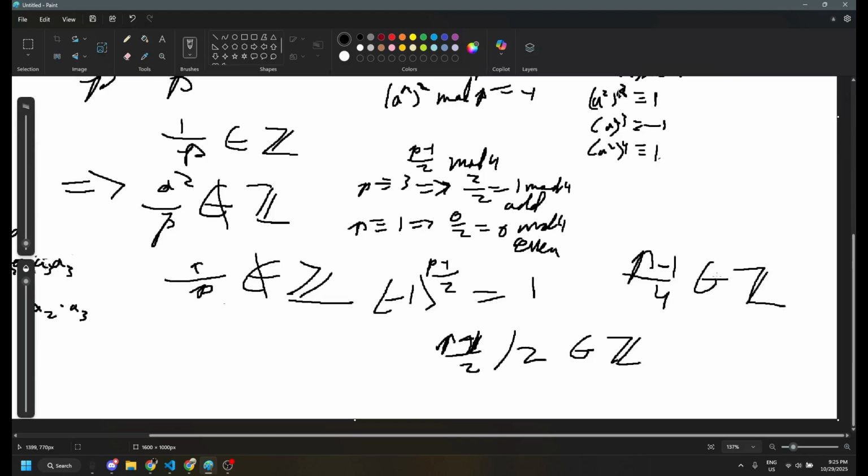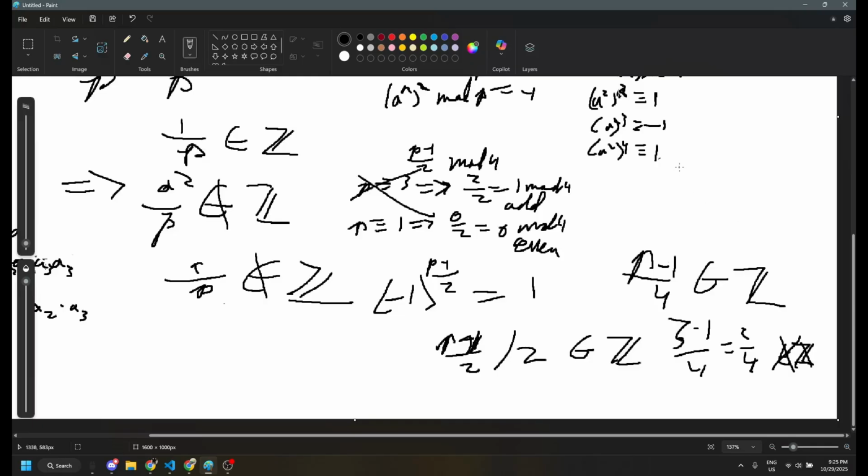If we use mod 4 here, then 3 minus 1 over 4 is equal to 2 over 4, which is not an integer, which means that it can't be this.